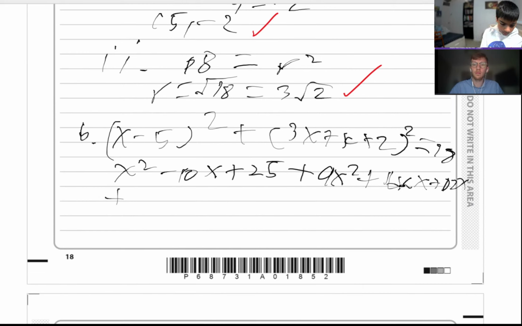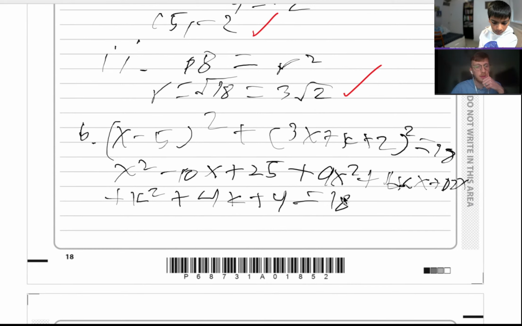Good, yeah, so expand all those brackets out. So you have x squared minus 10x plus 25 for the first bracket, and 9x squared plus 6kx plus 12x plus k squared plus 4k plus 4 equals 18, that's right.